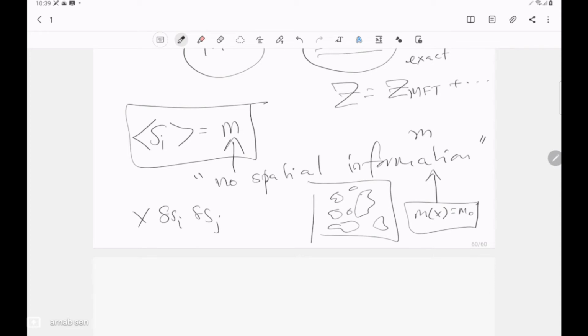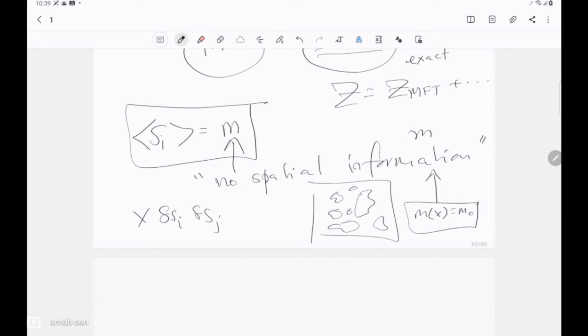Now, to go beyond this approximation is possible using, again, some physically reasonable conditions. So let me discuss that. We'll actually discuss what is known as the Landau-Ginzburg free energy.